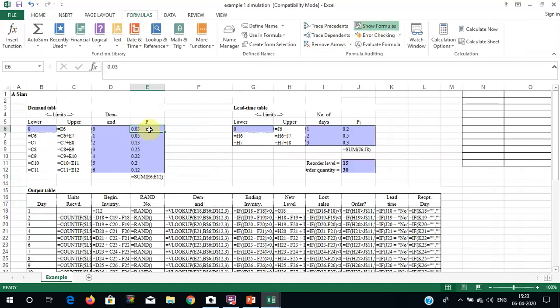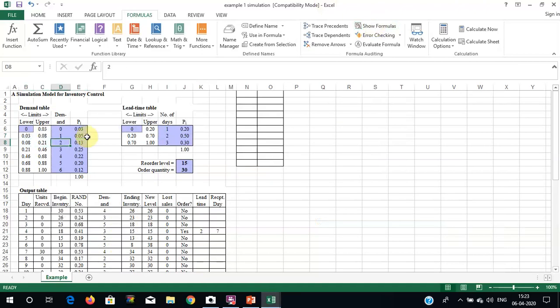So 0 to 3% is demand 0, 3 to 8% is demand 1, 8 to 21% is demand 2, and between 21% and 46% demand is 3. 46% to 68% demand is 4 units, and this is per interval, and we are taking the interval in terms of days, so daily demand. 68% to 88% demand is 5 units, and 88% to 100% demand is 6 units. So the total cumulative probability, as you can see, is 1.